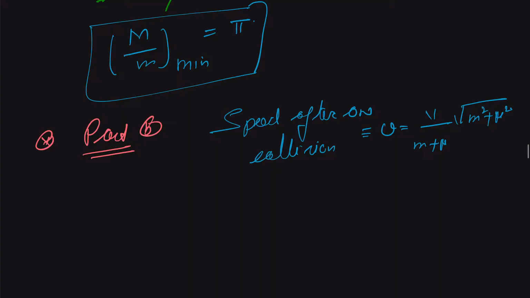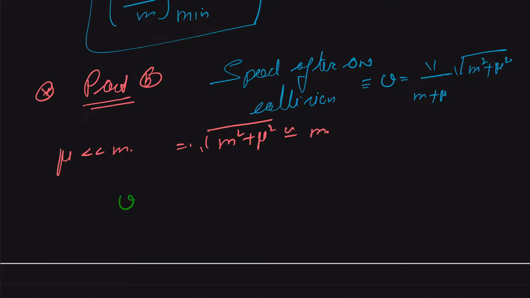But we also know that our mu is very much less than small m. Therefore we can say that square root of m square plus mu square can be approximately written as our m.